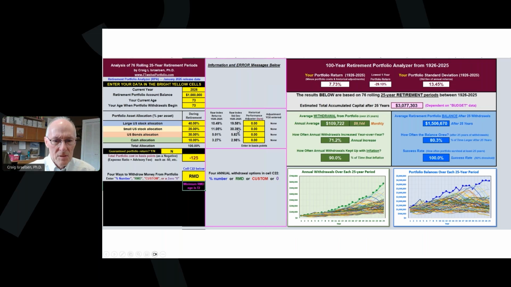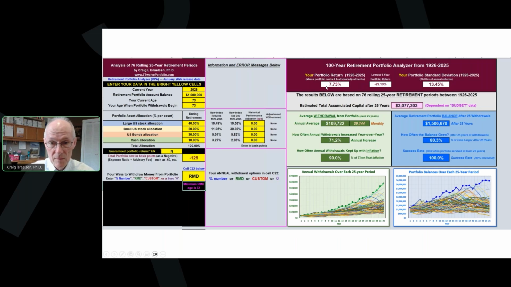And I don't want to necessarily beat this horse to death, but when you look at a portfolio and its performance metrics, so for example, this 60-40 portfolio, 40-20, 30-10, that's a 60-40. That portfolio right over here has averaged 7.73% over the last 100 years. Now, that's including the 125 basis points of cost.